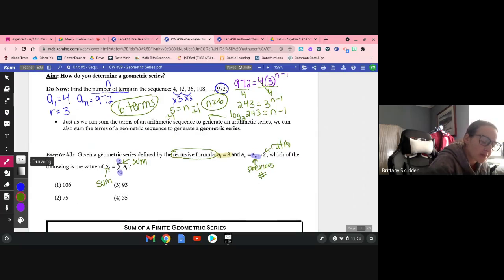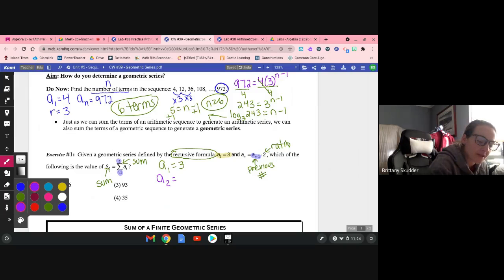Okay. So they gave us the first term. A_1 is equal to 3. In order to find A_2, using that recursive formula, previous number is 3 times 2. And you get 6.